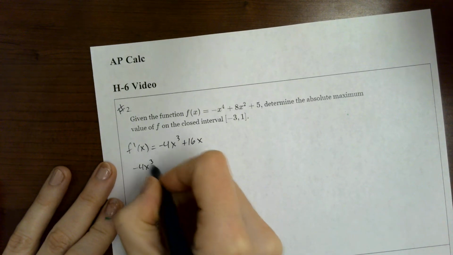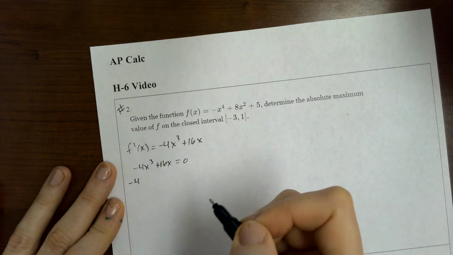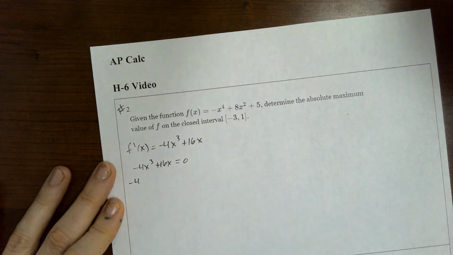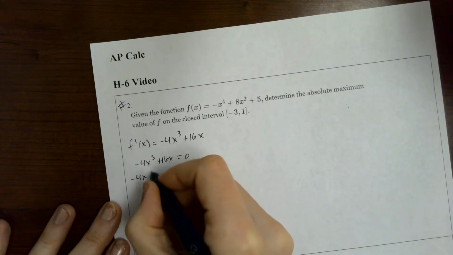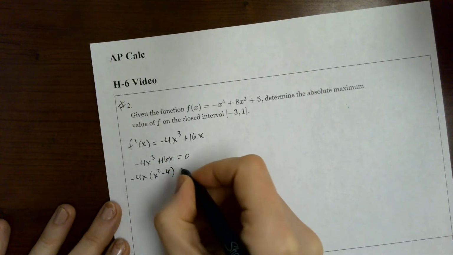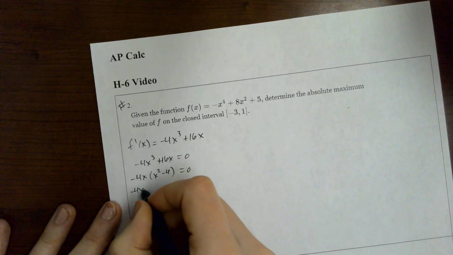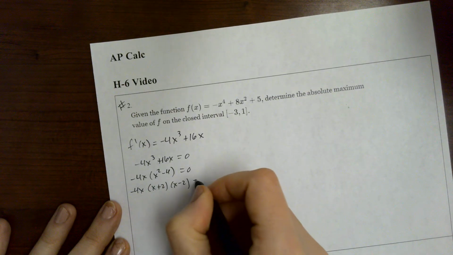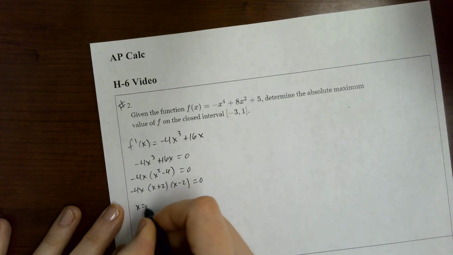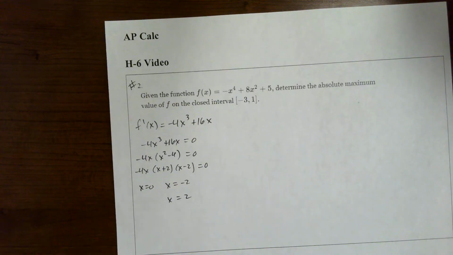You can factor it first or later. We're gonna have to factor it anyway. Negative 4 times x squared minus 4 equals 0. This is not like the number line test. All right, so this is x plus 2, x minus 2. So x equals 0, x equals negative 2, x equals positive 2.